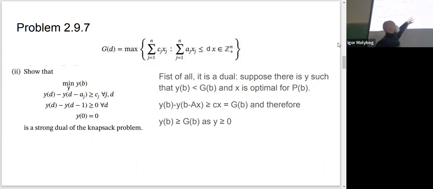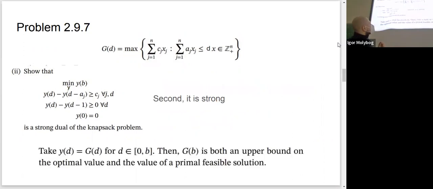Therefore, we have come to a contradiction. Our y of b cannot be less than g of b, and therefore this problem is in fact a dual for the knapsack problem. Now we need to show that it is a strong dual.